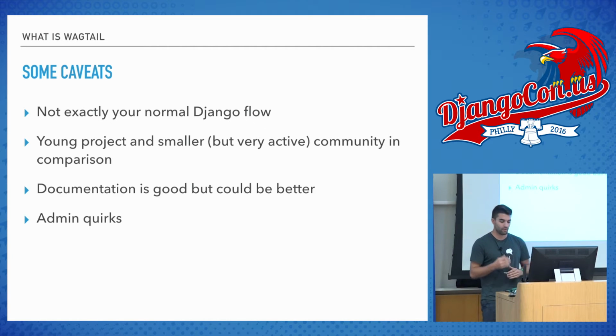I think it's pretty good, where they have this generic view function which calls the class you created to render as the web page, and it gets the context and packages it all up, and then through that generic serve function, that view function, it will give you that web page. So you don't have to do anything. You could have an entire Django, or you could have an entire Wagtail project, entire site, without ever touching views.py. And also the documentation is pretty good, but it could be a lot better.